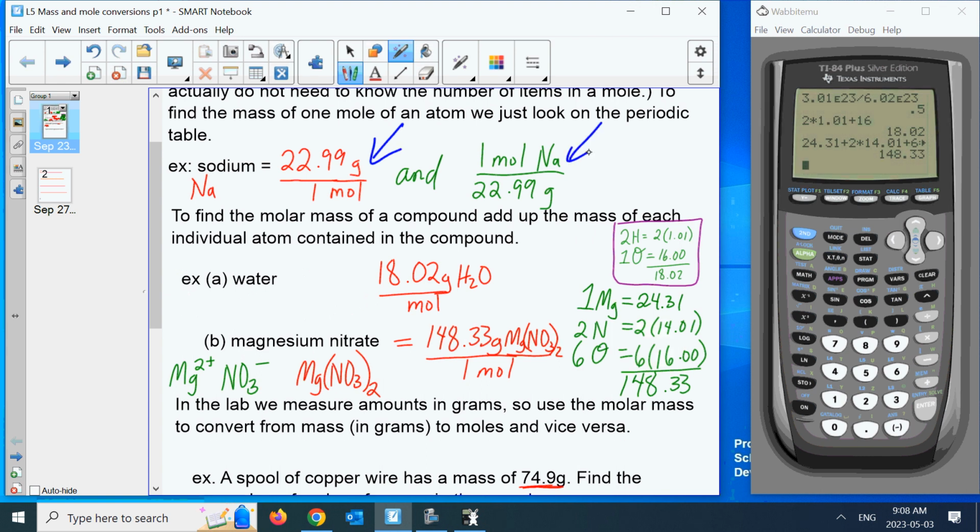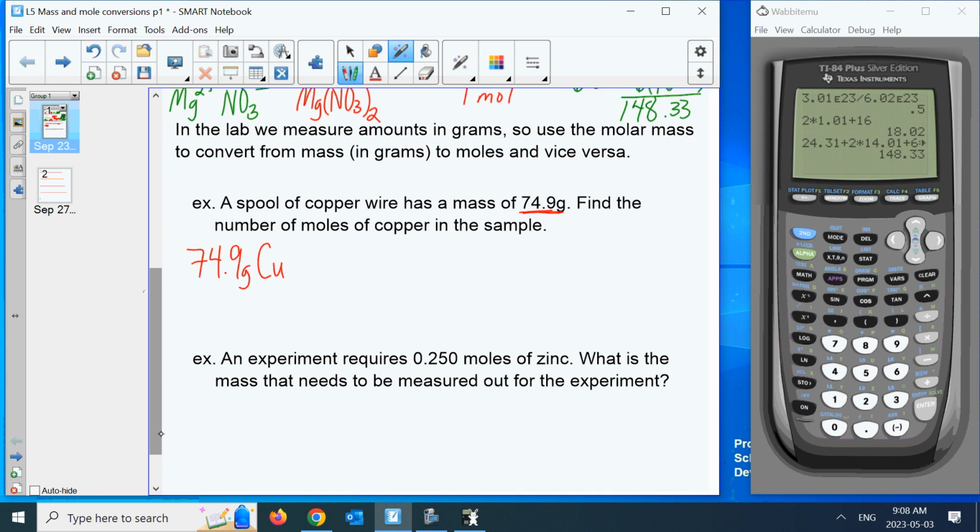The same information flipped is moles per gram. That's not a mystery. You still get the same numbers. The 1 mole is married to the mole. It's not going to ever change. So if you flip, the 1 will go with the mole. The decimal number from the periodic table is always attached to the gram.